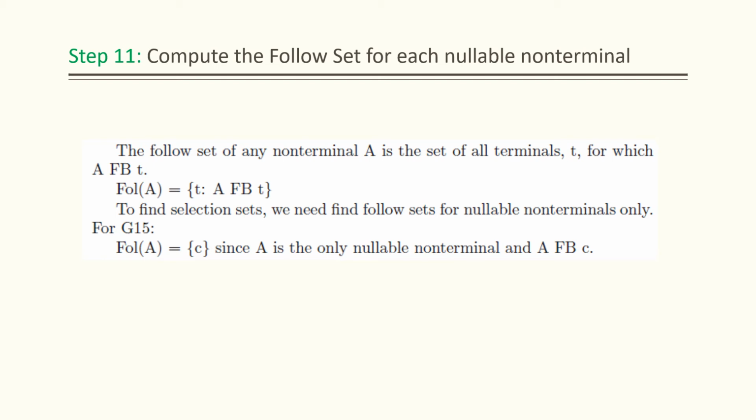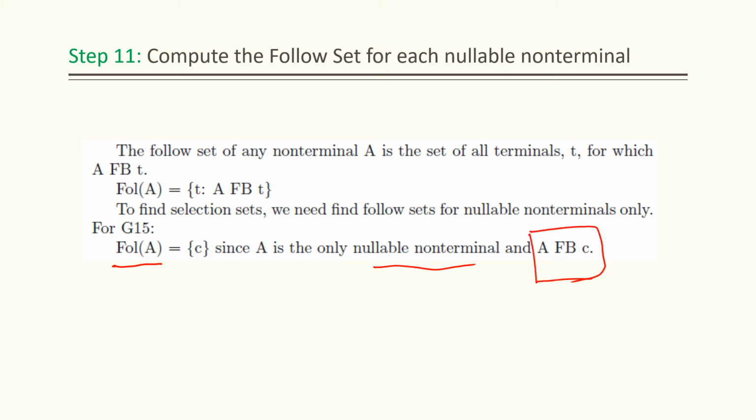So how many nullable non-terminals do we have in this example G15? 1, which is A. Now we want to find the follow set for A. Step 11 is just to find the follow set for each nullable non-terminal, and here we only have one, which is A. So we want to write down follow A. In this case it is C, since A followed by C is the result.